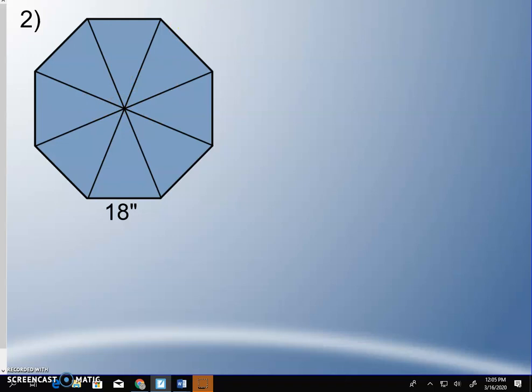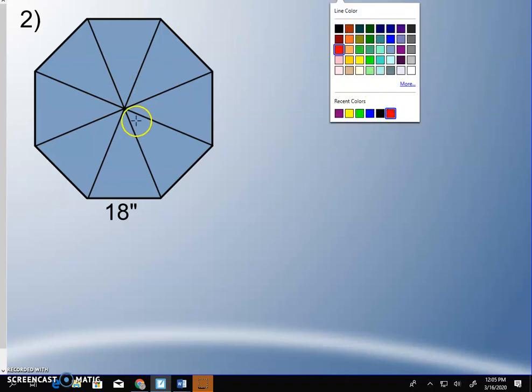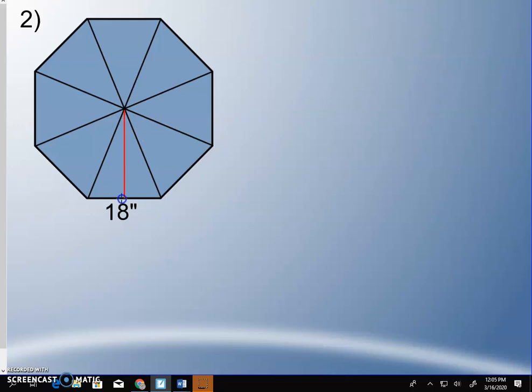If I drop this perpendicular down, I can make the fundamental right triangle in this picture right here. That's a right triangle. I know that it's going to bisect the base, so this is going to turn out to be 9 inches right there, 9 inches.